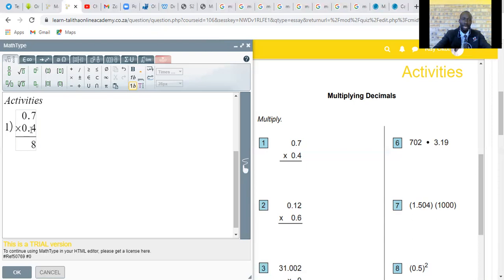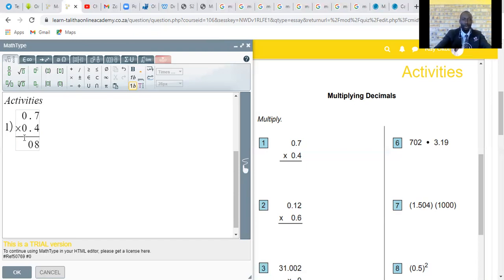So now the next step is to multiply 4 by 0. Notice that when we multiply 4 by 0, we get 0. Okay, that is what we get. Now we are done with that.